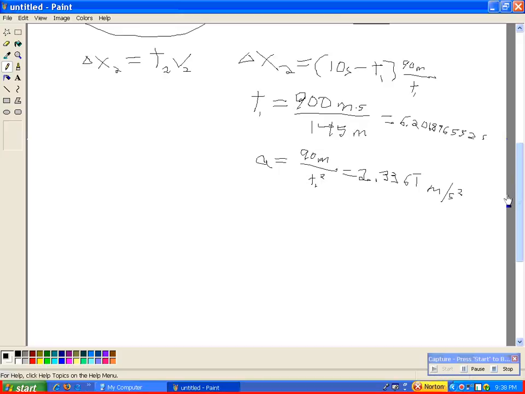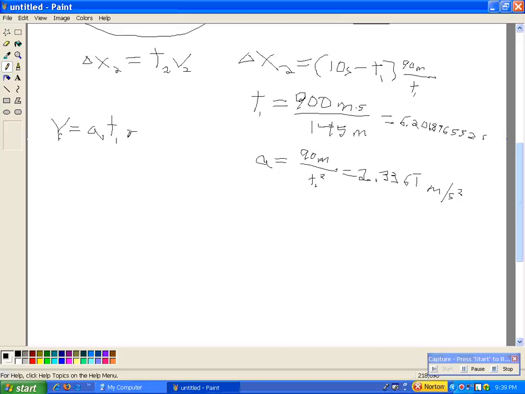The velocity, the final velocity, which was also the second part of the race, was A T1.